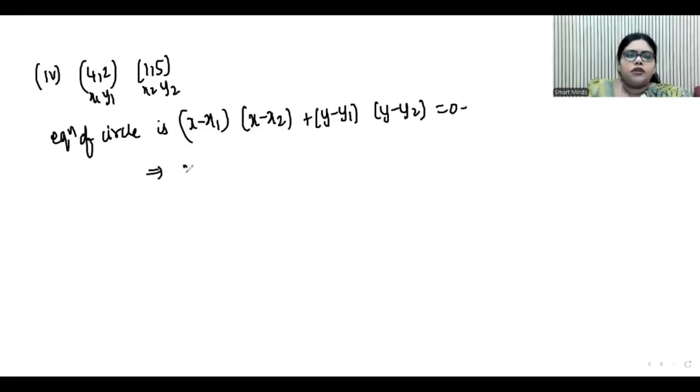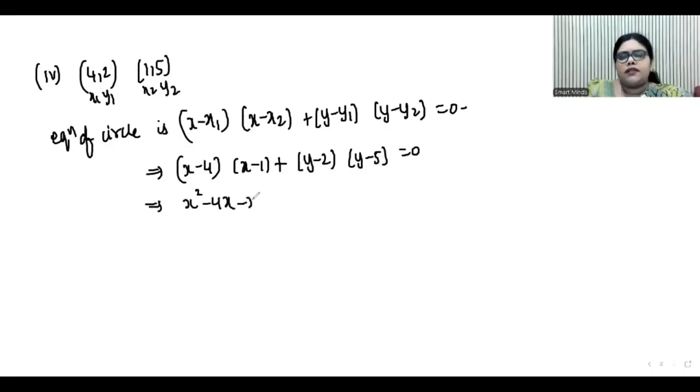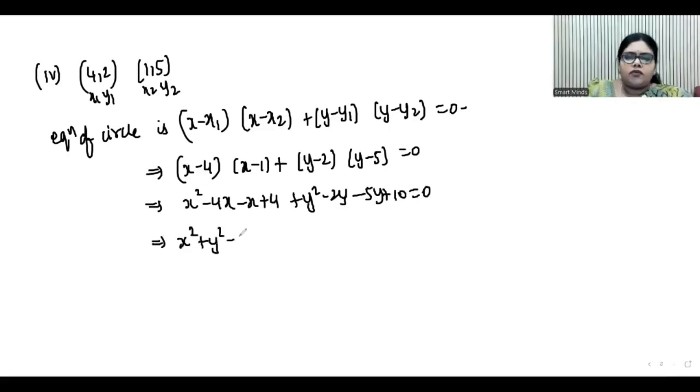Now substitute: x minus 4 into x minus 1 plus y minus 2 into y minus 5 is equal to 0. So you will get x square minus 4x minus x plus 4 plus y square minus 2y minus 5y plus 10 is equal to 0. So you get x square plus y square minus 5x minus 7y plus 14 is equal to 0. This is the final answer.